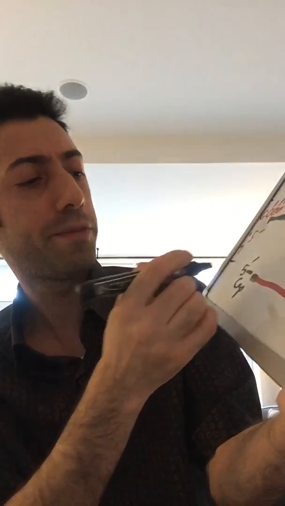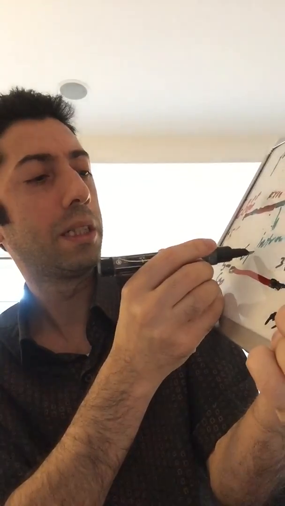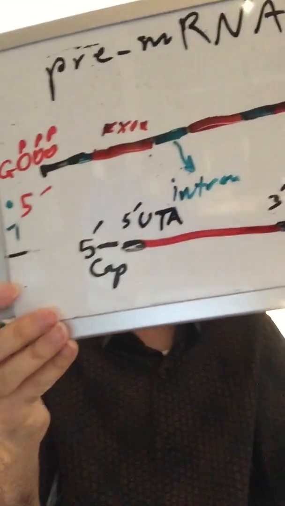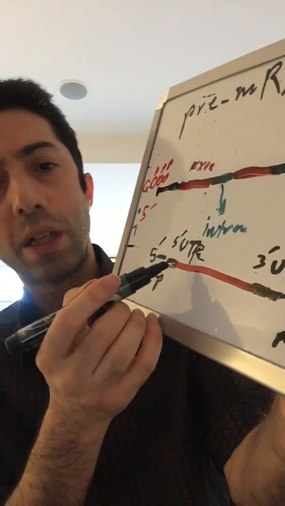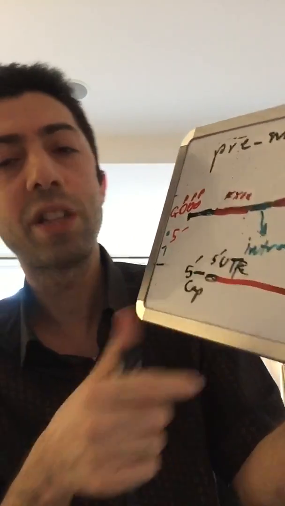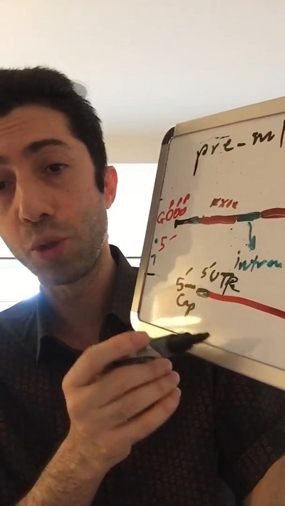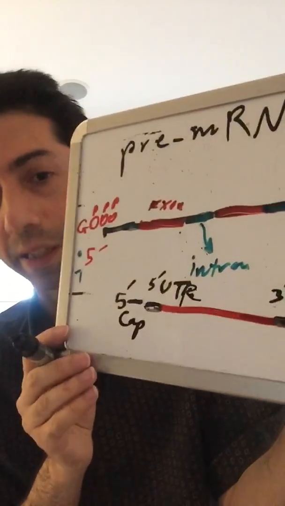Here you have the 5', this piece, the 5' UTR. Sorry, it's a UTR. U stands for untranslated, if I'm not mistaken. So these parts are not going to be translated, but will help with translation. Introns will not be in the mature mRNA, but UTRs will be in the mRNA.